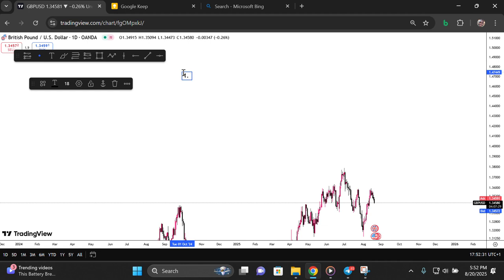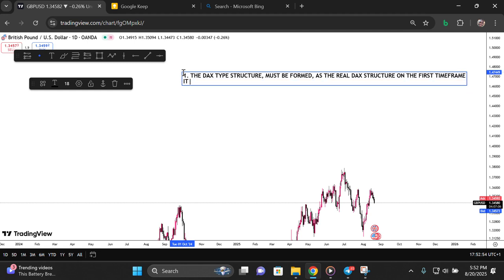Now the first rule is that the DAX type structure must be formed as the real DAX structure on the first time frame it appeared. I explained it yesterday, but let me reference back to it.